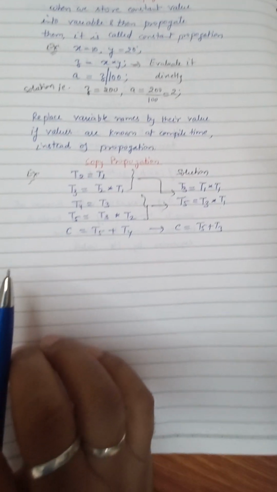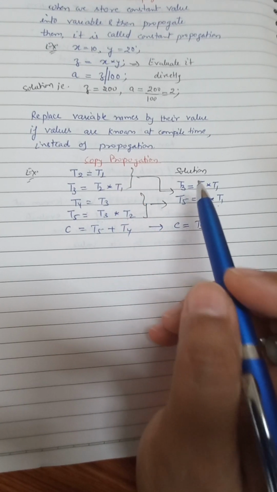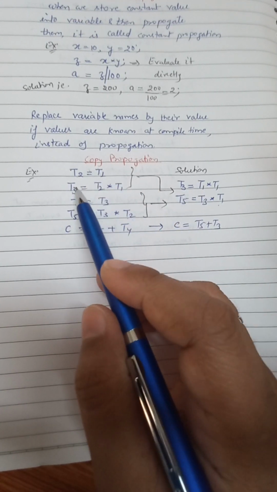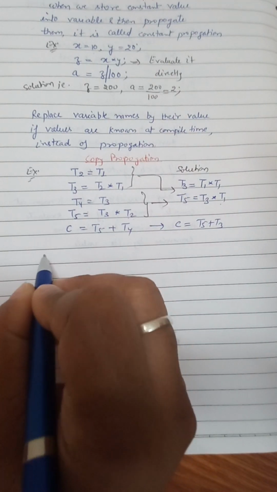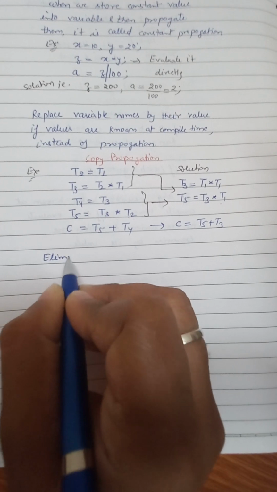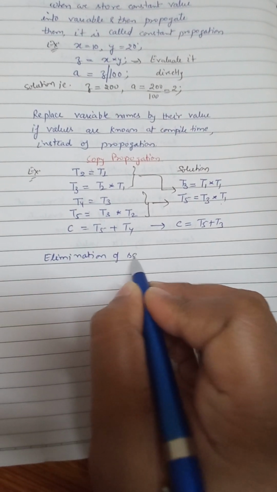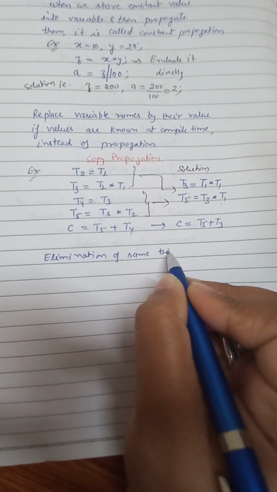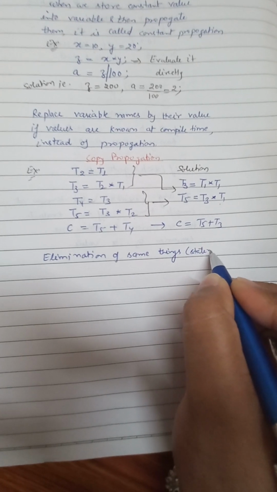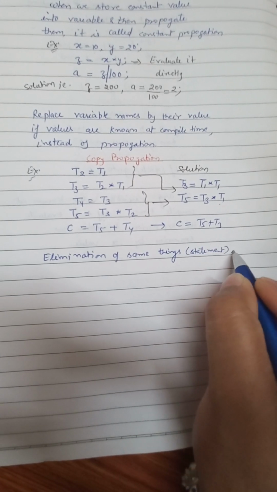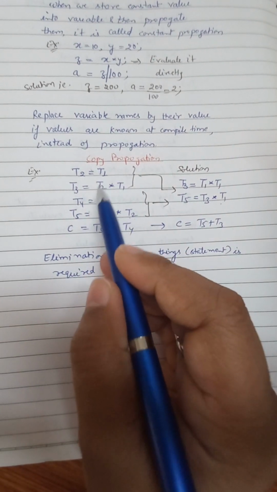So if anybody writes code like this, this is known as copy propagation, and the solution is that instead of copying the same thing multiple times, write it directly. So we can say elimination of same statements is required, as we have done here.